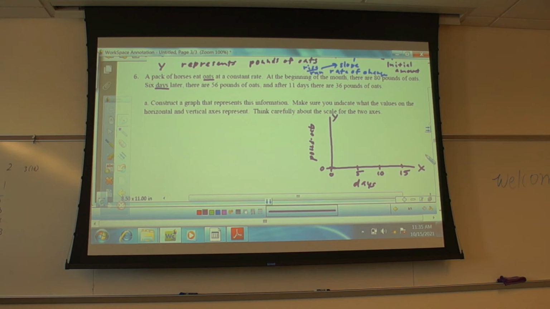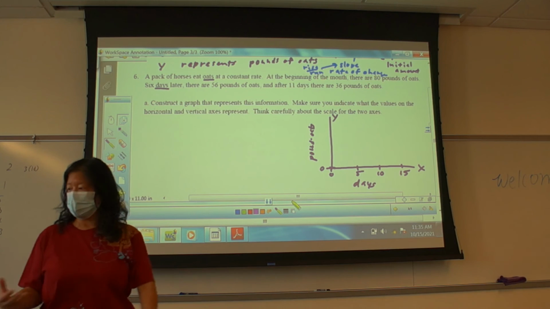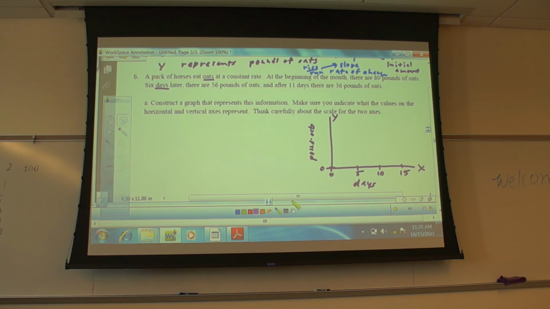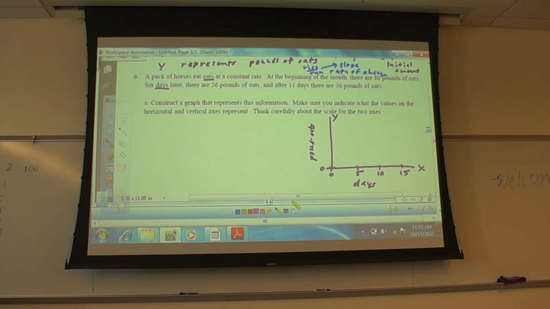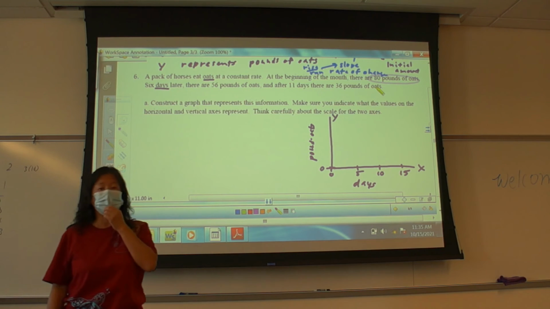Find all your pounds of oats. Everyone find and circle all your pounds of oats in here. Circle all of them. I'll give you an example. Here's the first one: 80 pounds of oats, that's one. Find the rest of them. There should be 3.